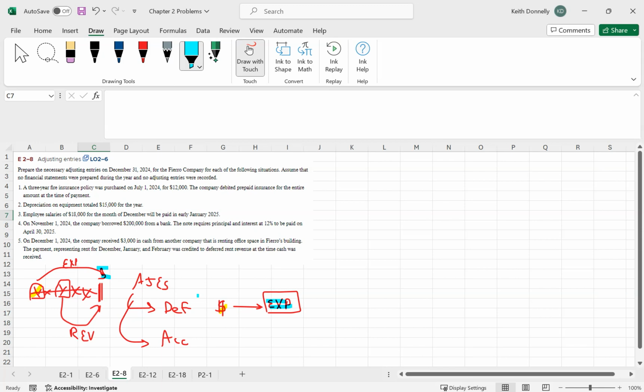And you could have a flip side here for revenue, where somebody pays you up front and then you earn it. But the idea with it is you have money first, recognition second, whether that's an expense or a revenue. On the flip side, the accrual is what's going on here: you have the expense or revenue first, then the cash comes in.